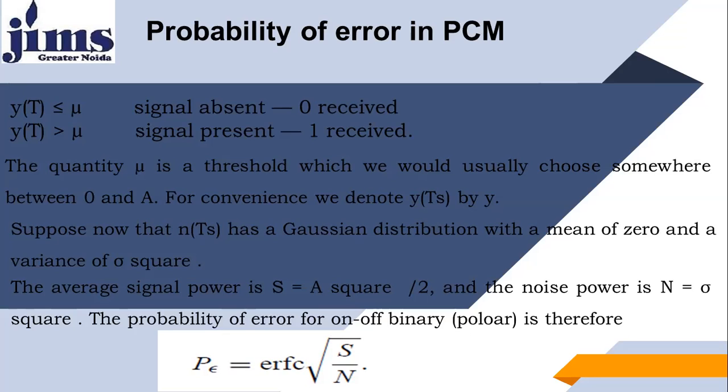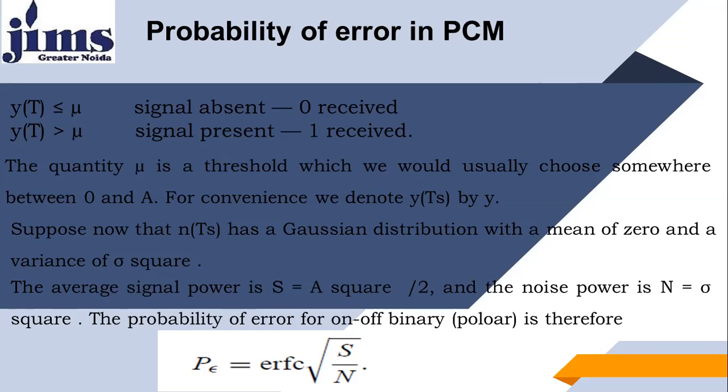For convenience, we denote y(ts) as y. Suppose now this n(t) has a Gaussian distribution with mean of 0 and a variance of sigma square. The average signal power is A square by 2. A is the amplitude, and amplitude means voltage.